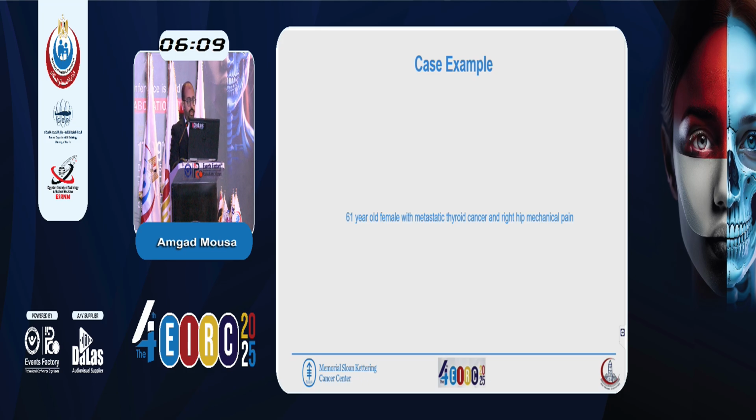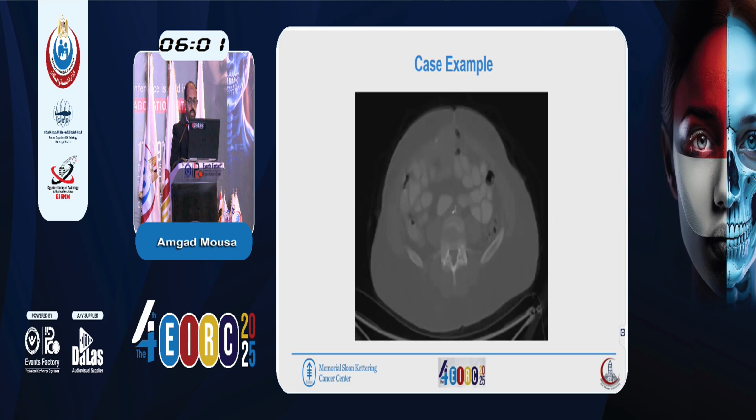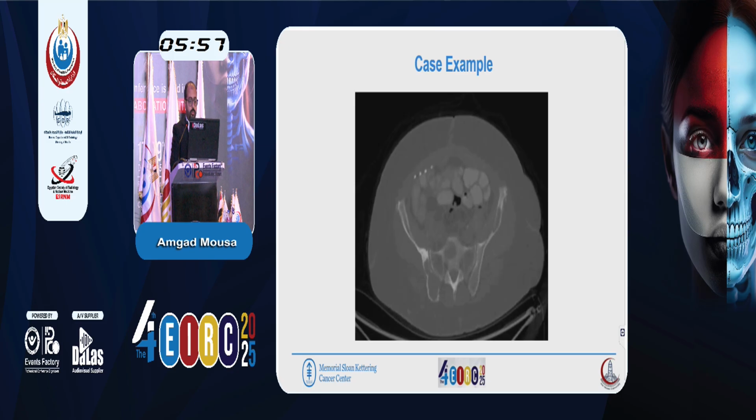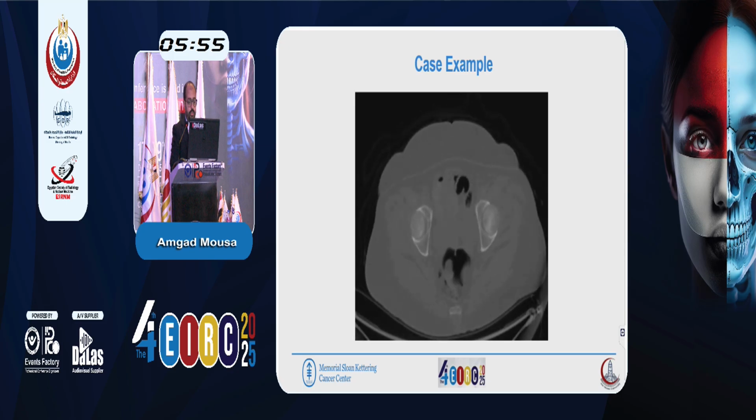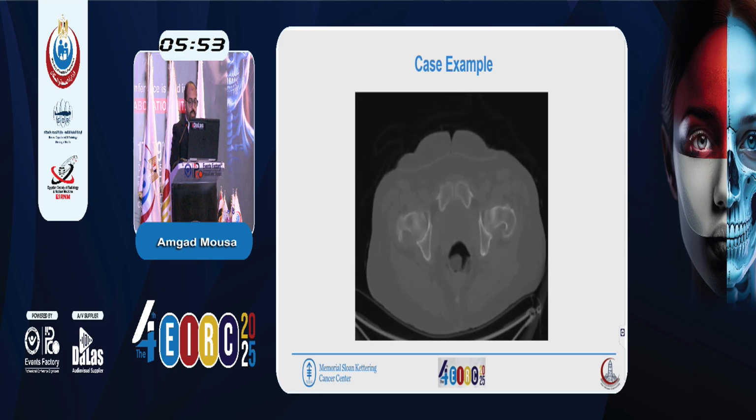So I think the best way to understand how we do this is to go through a case. This was a 61-year-old female who had metastatic thyroid cancer and had right hip mechanical pain. This was the image that we saw initially, showing the right posterior iliac bone fracture with a lot of loss of bone. However, there is healthy bone on both sides, and you need this to be able to anchor your screws.